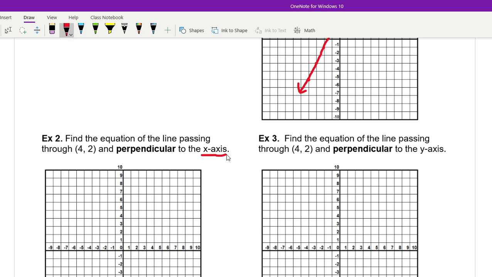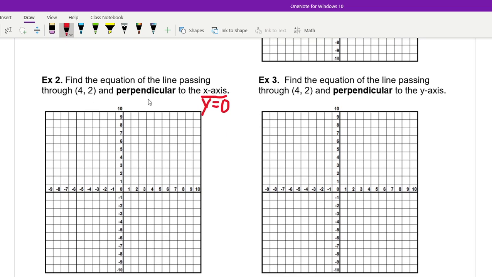Now, when comparing it to the x-axis, when we want to find a perpendicular line of the x-axis, we need to remember that this means y equals 0. This has a slope of 0. So the perpendicular slope to our x-axis would be undefined.